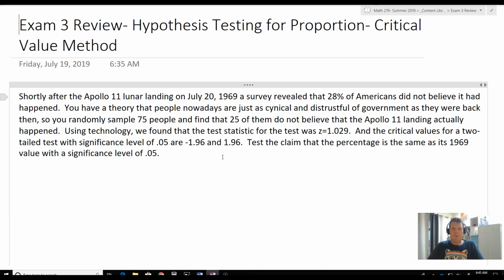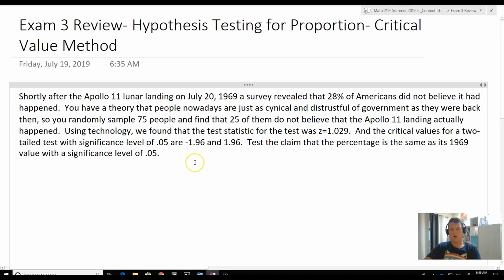Using technology, we found the test statistic for the test was z equals 1.029, and the critical values for the two-tailed significance test with significance level of 0.05 are negative 1.96 and 1.96. Test the claim that the percentage is the same as its 1969 value with a significance level of 0.05.